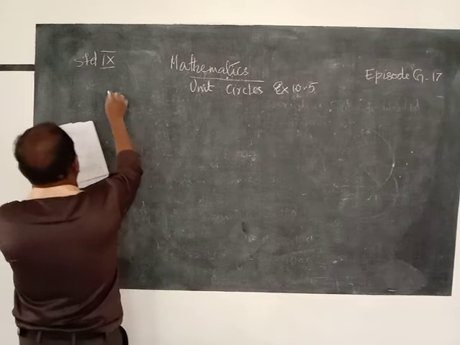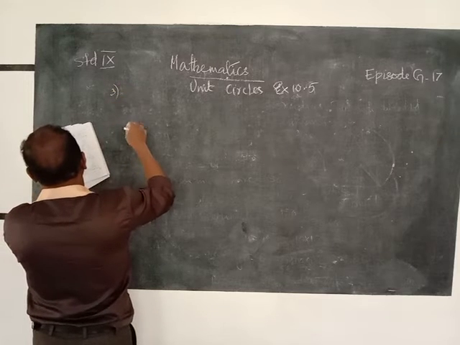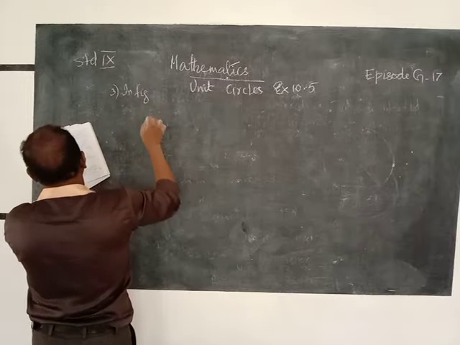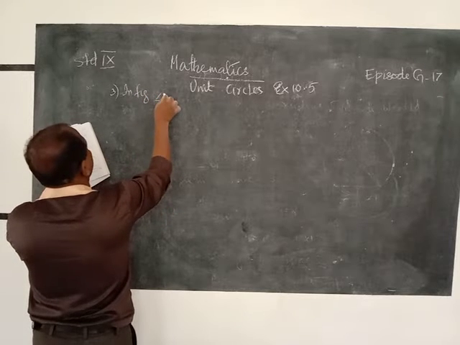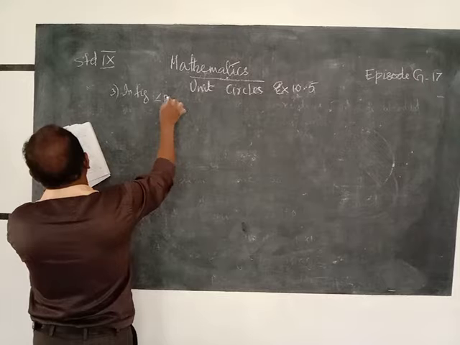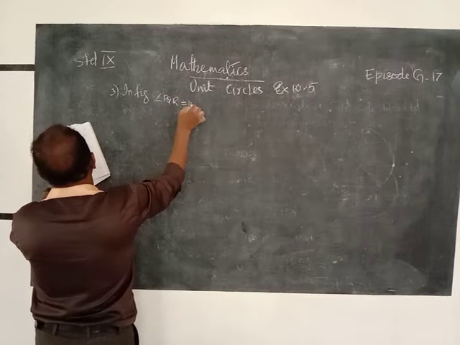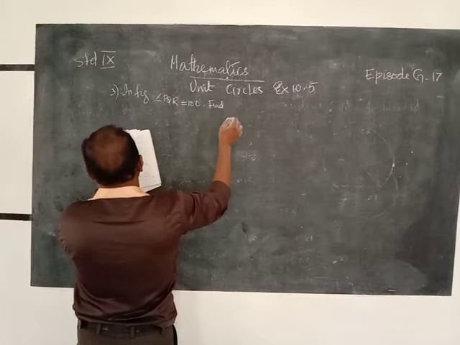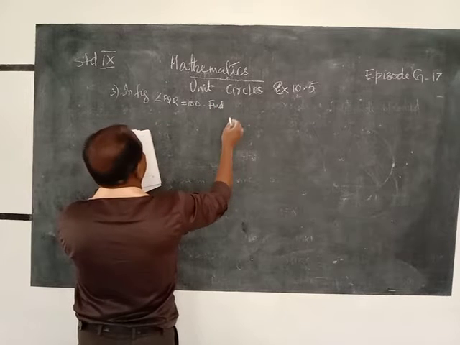Then question number 3. In the figure, angle PQR is equal to 100. Find angle OPR.